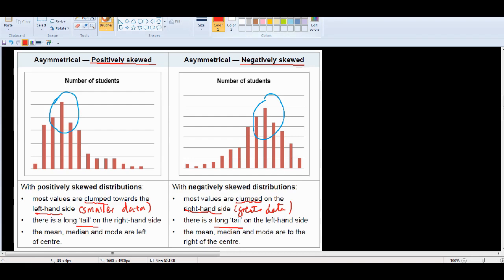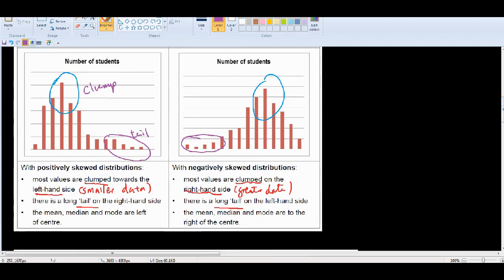So this is what we call tail, and this is what we call clump. That's the kind of description you are going to use and observe.